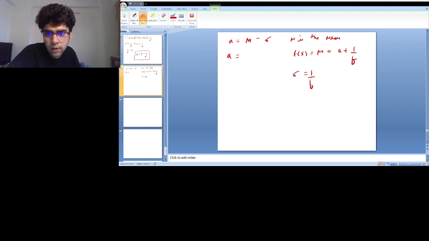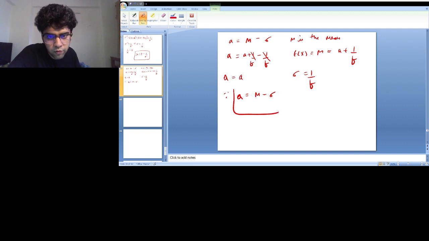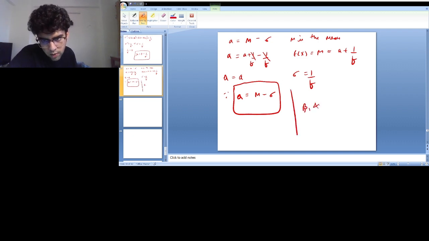Sigma was 1 upon b. This means A plus 1 upon b minus 1 upon b, so A is equal to A, right? The 1 upon b terms cancel, so A is equal to A, therefore A is equal to m minus sigma holds. So we proved this also. Now we need to find the values of beta 1 and beta 2.